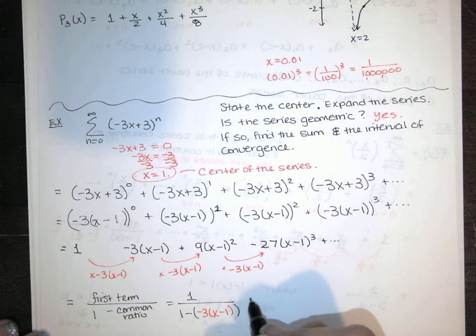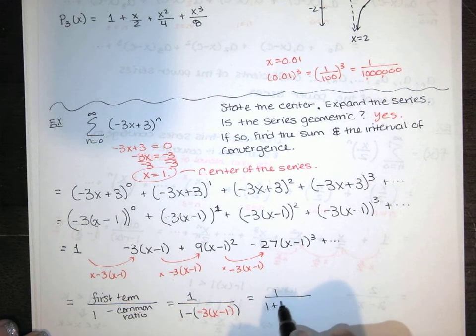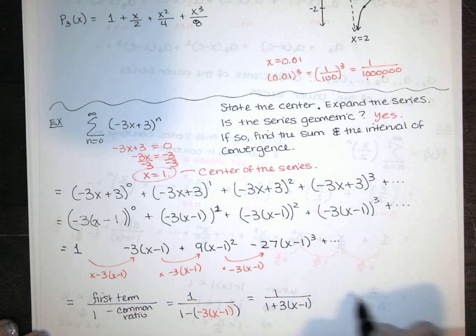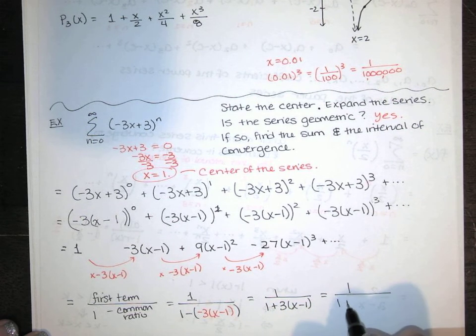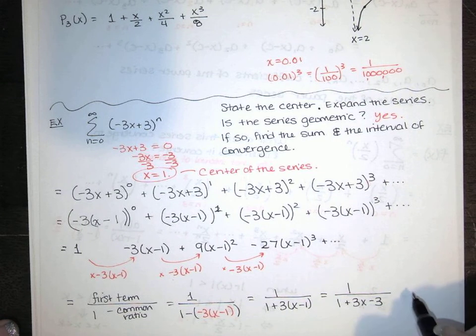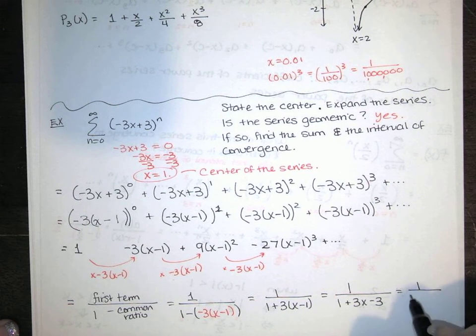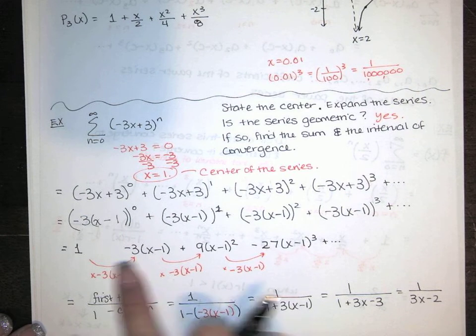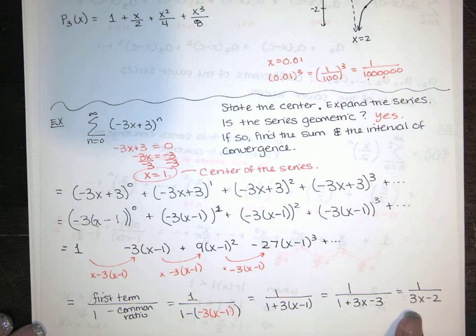So if you distribute the negative, you get a positive 3. Distribute the 3, you get 3x minus 3. And the 1 plus the negative 3 is negative 2. So this series converges to 1 over 3x minus 2.